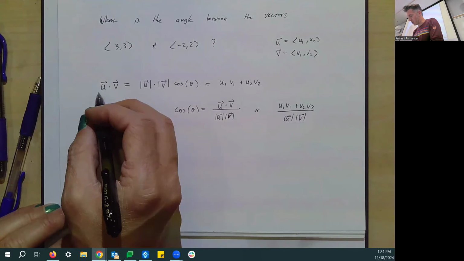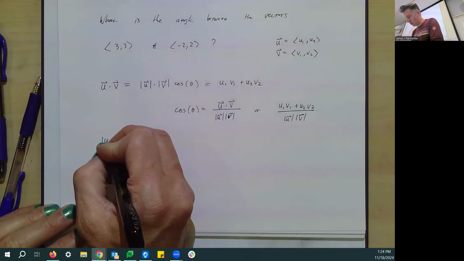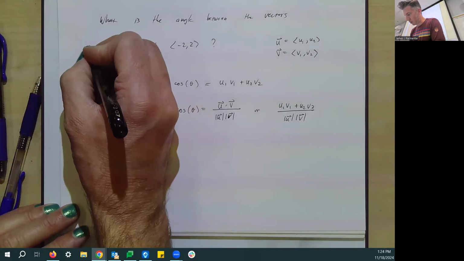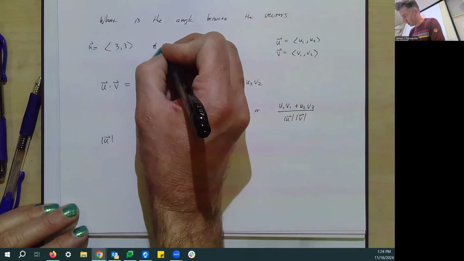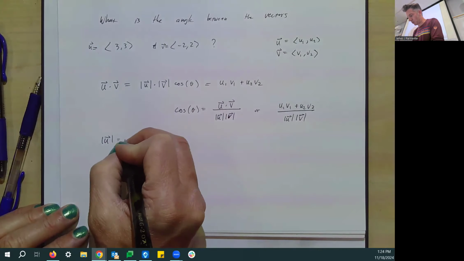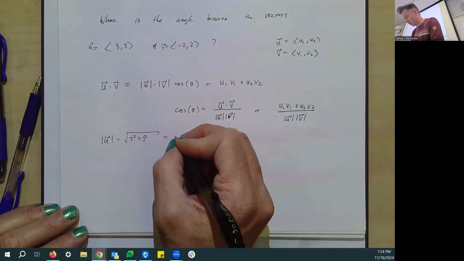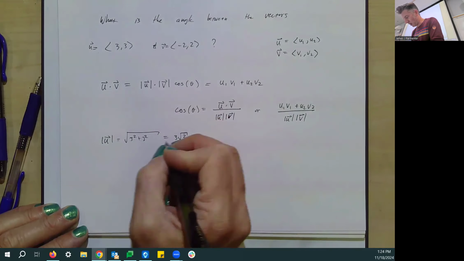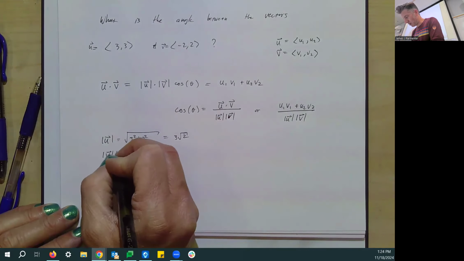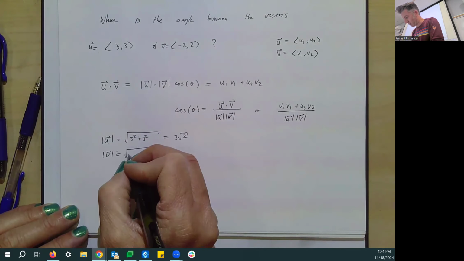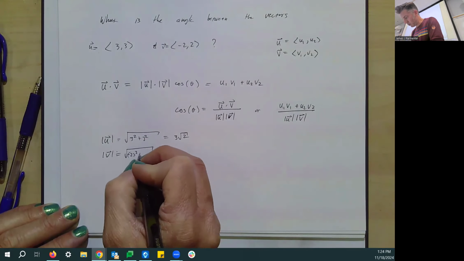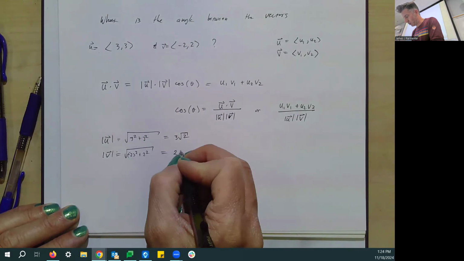In this case, let's check it out. I'm going to say this one's u, and this one's v. So the magnitude of u is the square root of 3 squared plus 3 squared, which is the square root of 18, or 3 root 2. And the magnitude of v is the square root of negative 2 squared plus 2 squared, which is the square root of 8, or 2 root 2.